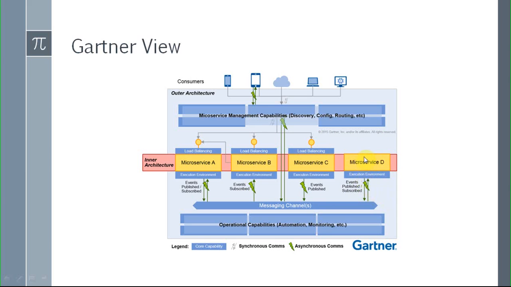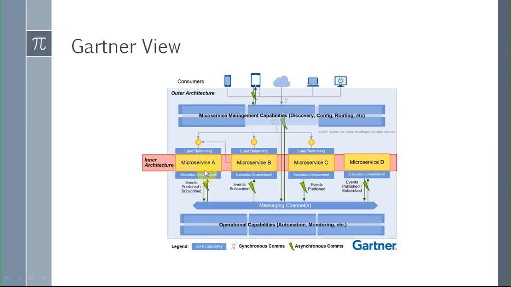As you see here in this Gartner view, each microservice can communicate with each other using different kinds of communication styles. For example, microservice A can communicate with microservice B using a REST API here.